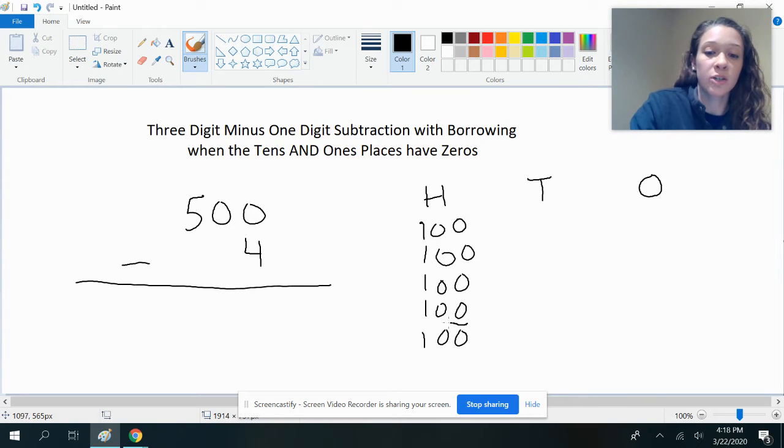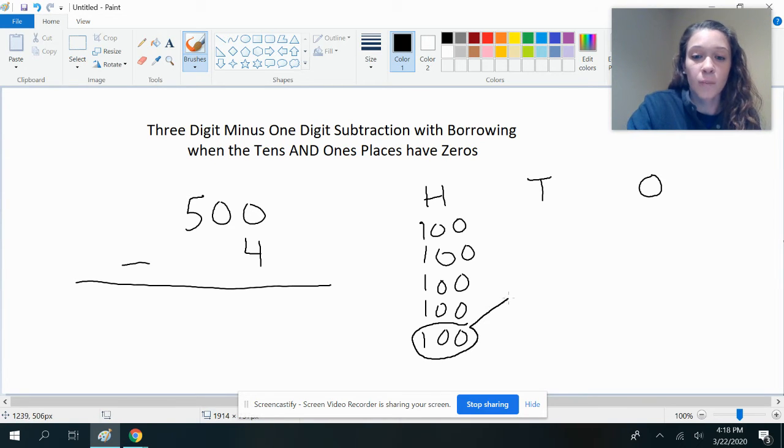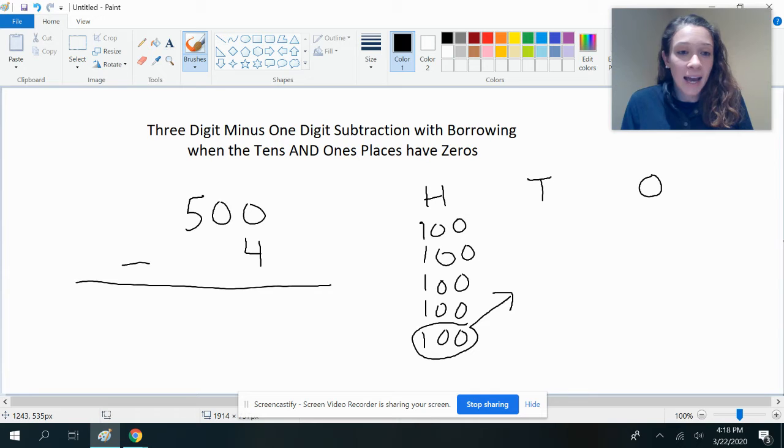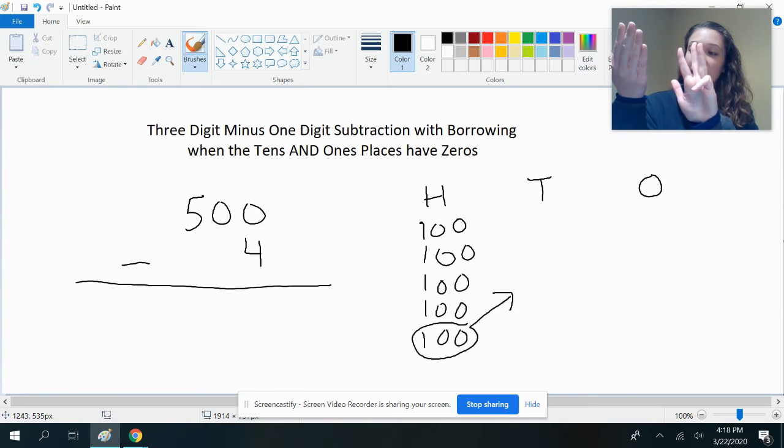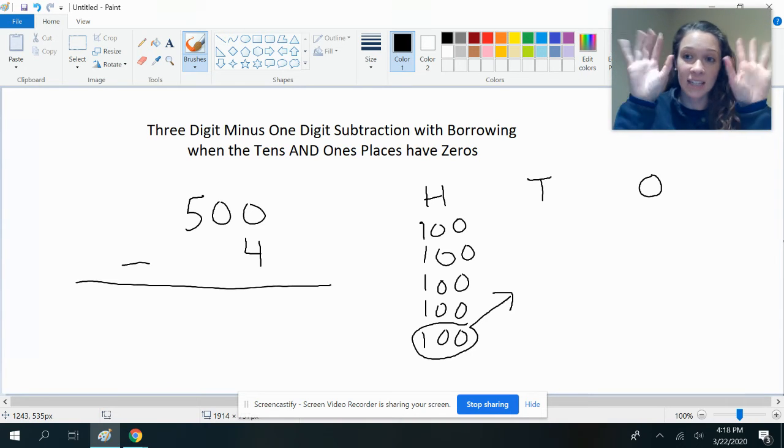So I'll circle 100, show my arrow that it's moving over to the tens. Remember from the last video that 10 tens is 100, and we can check that again by counting by tens. We wanted to know how many tens I need to have 100. So 10, 20, 30, 40, 50, 60, 70, 80, 90, 100. So that's 10 tens equals 100.